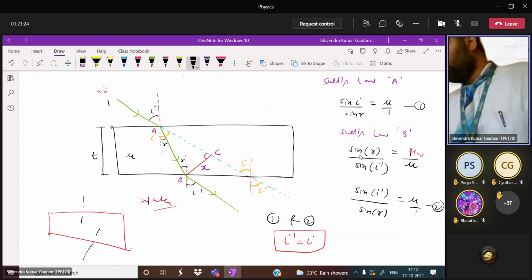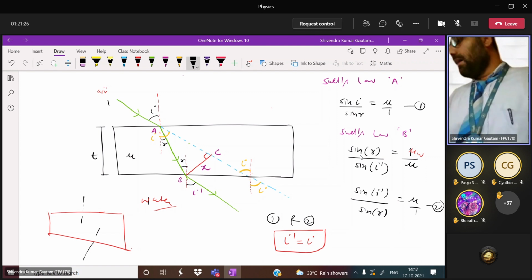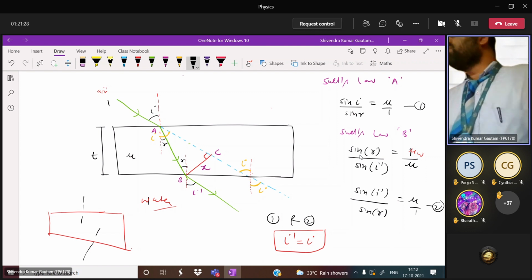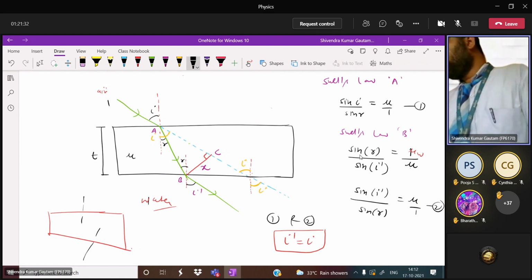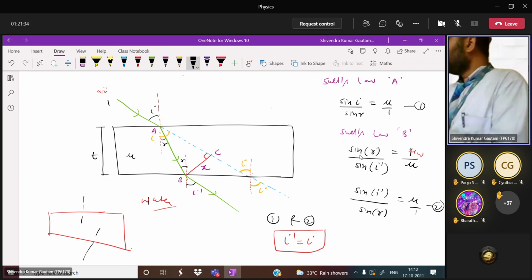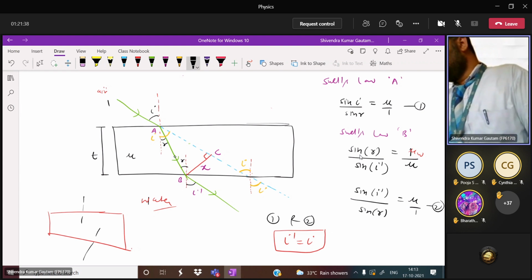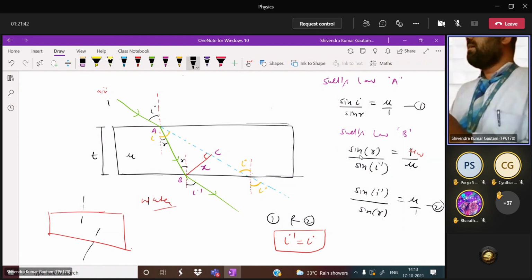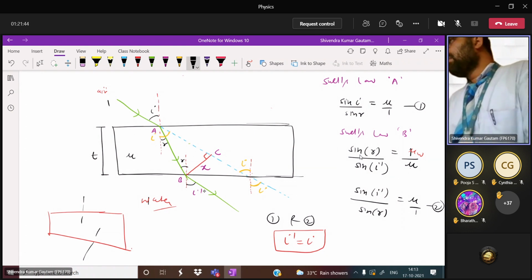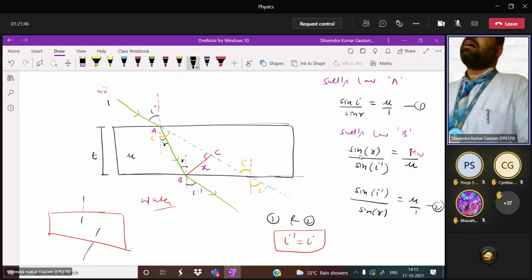Only if the faces of the slab are parallel will the normals be parallel. If this face and this face are not parallel, then the normals will also not be parallel, and the emergent ray and incident ray will not be parallel.